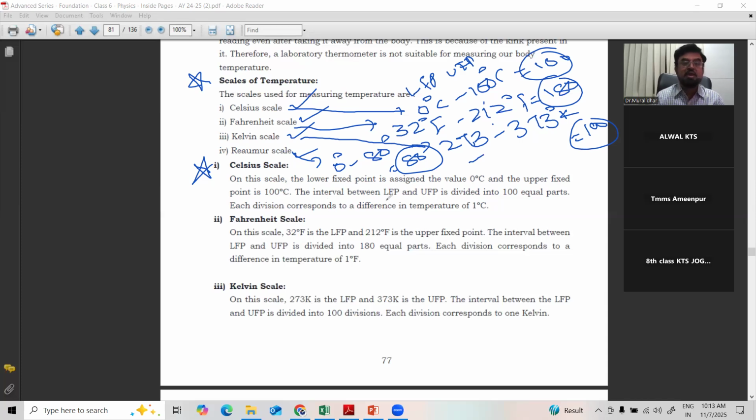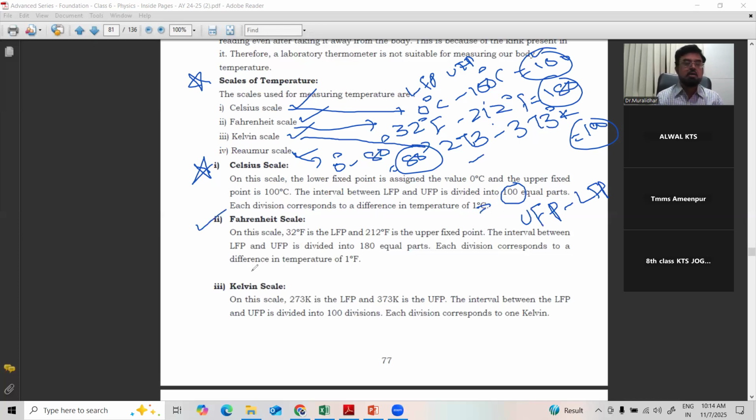The interval between LFP and UFP is divided into 100 equal parts. That is, upper fixed point minus lower fixed point is called range. 100 minus 0 is 100. So in total you can find 100 divisions on the Celsius scale. Each division corresponds to a temperature difference of 1 degree.